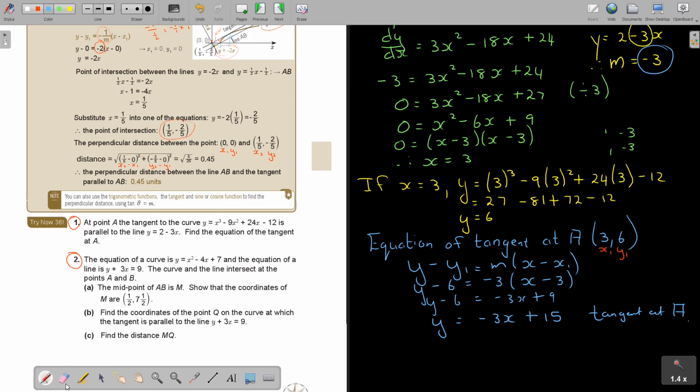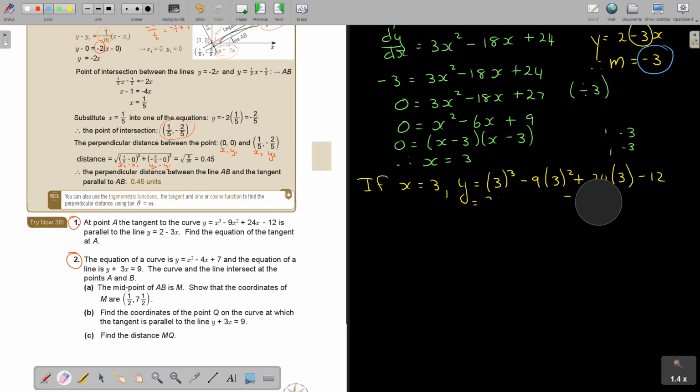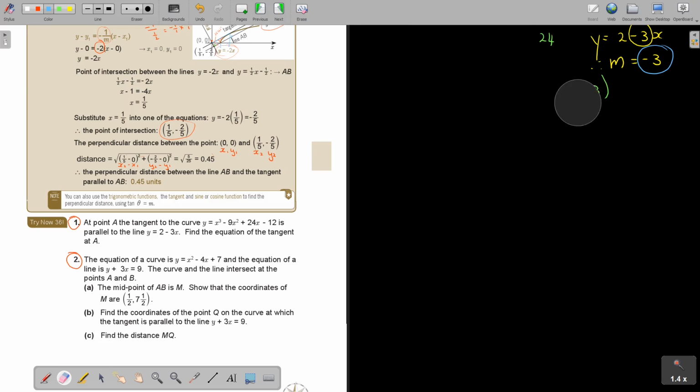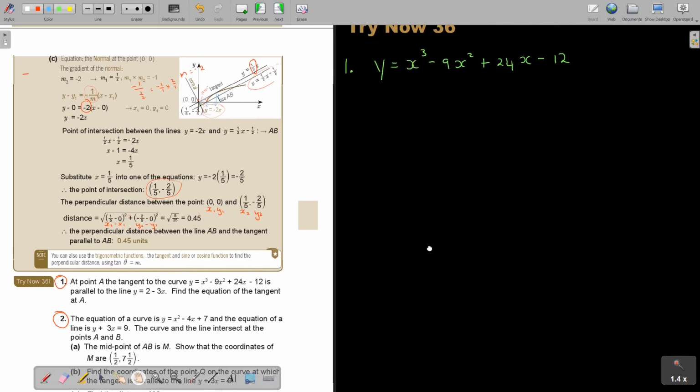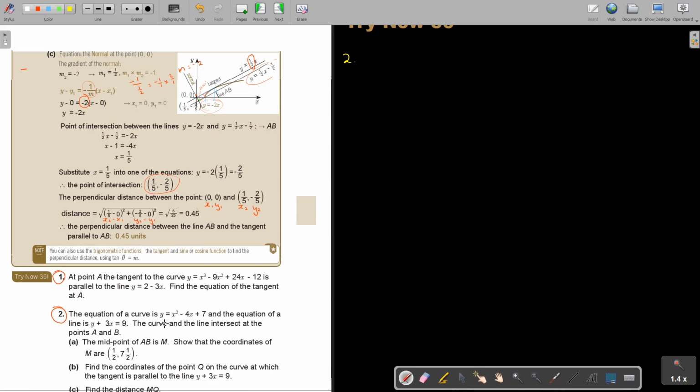Okay, and that's how you do it. Let's do number 2. First, let's just make space. So number 2: the equation of a curve is this, and the equation of a line is this.